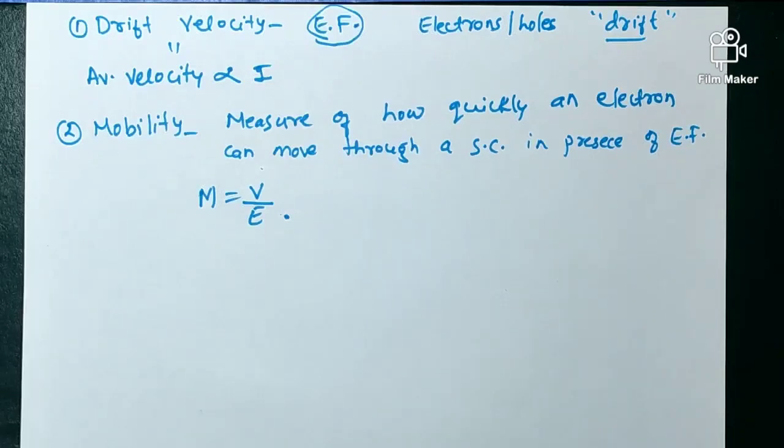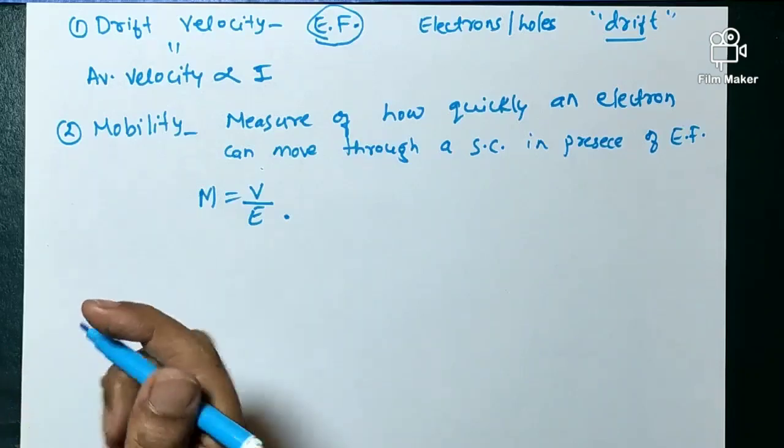And the extrinsic semiconductor is a doped semiconductor. Here the dopants may be pentavalent or trivalent. And again there are two types of charge carriers, holes and electrons. The flow of holes always occurs in the opposite direction to the flow of electrons.